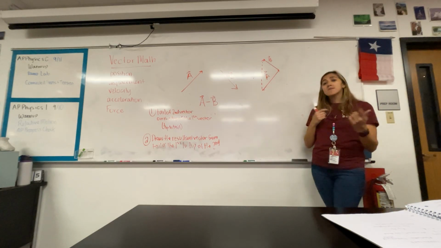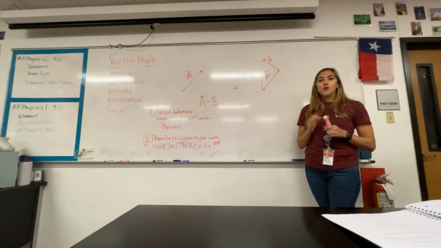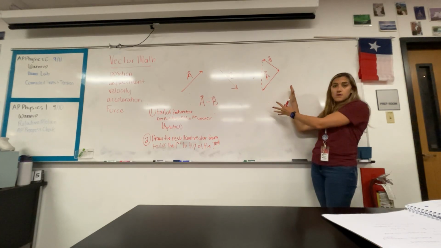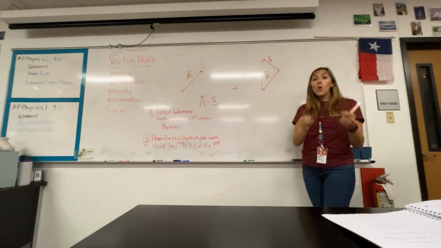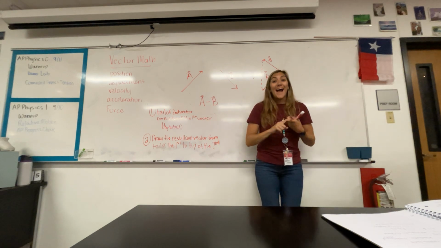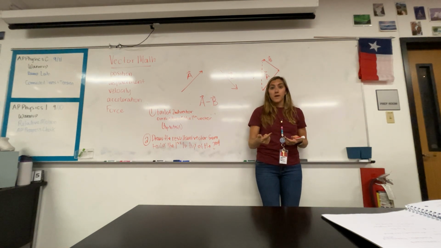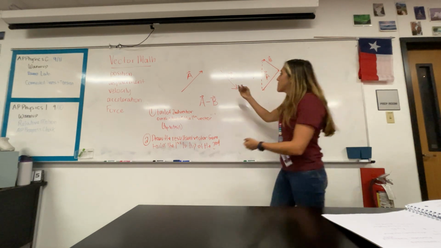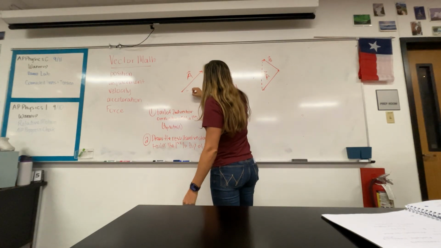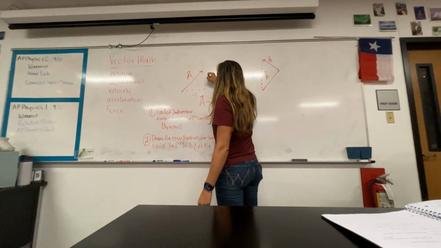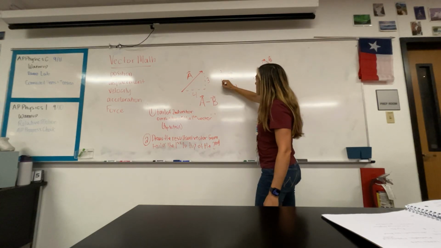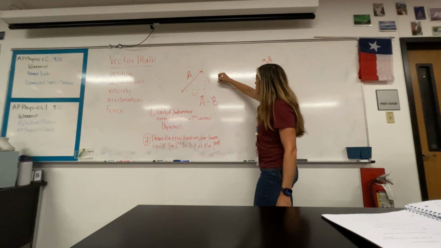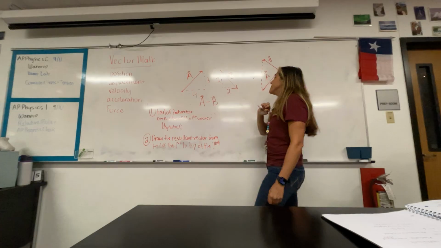Okay? When it comes to vector math, adding and subtracting them, you're always either drawing a picture or, most likely, adding or subtracting components, right? If we go back, remember, A had a component horizontally of 4, vertically of 3. B was horizontally 2 and vertically 2.